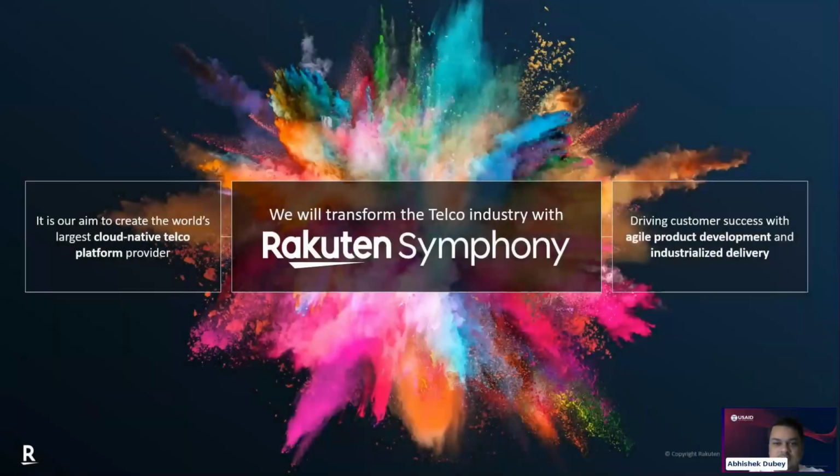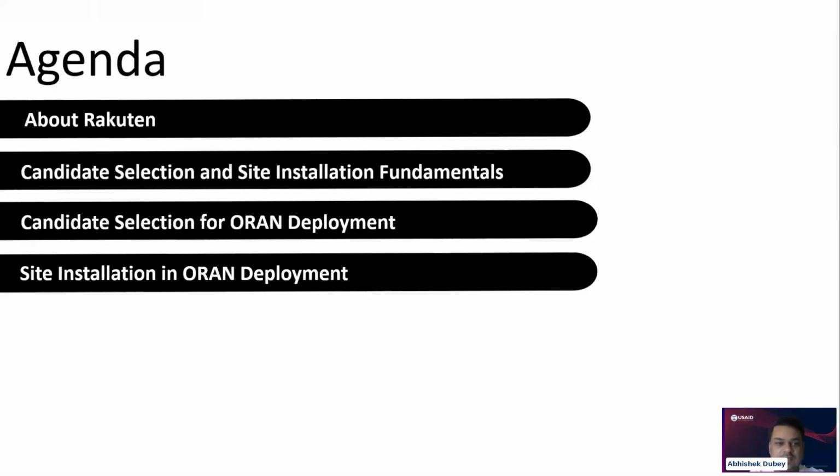So this is the agenda for today's session. Obviously, we'll start with a little bit of introduction of Rakuten Symphony and Rakuten as a whole, and then we'll start the fundamentals of candidate selection and site installation procedures.